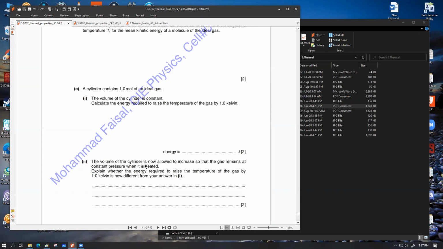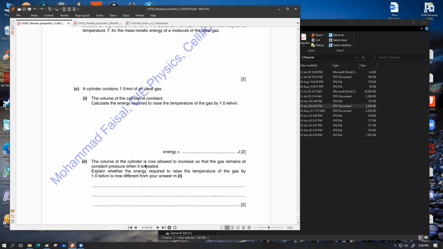The idea is, if you allow the volume to increase, it means whenever you want to increase the temperature, you have to provide heat into the gas. As the gas absorbs that heat, it will expand in volume. Whenever the gas expands, it is going to push the piston outwards, which means that piston, as it is moving outwards from the cylinder, will have to push out some atmospheric molecules and do some work on them.